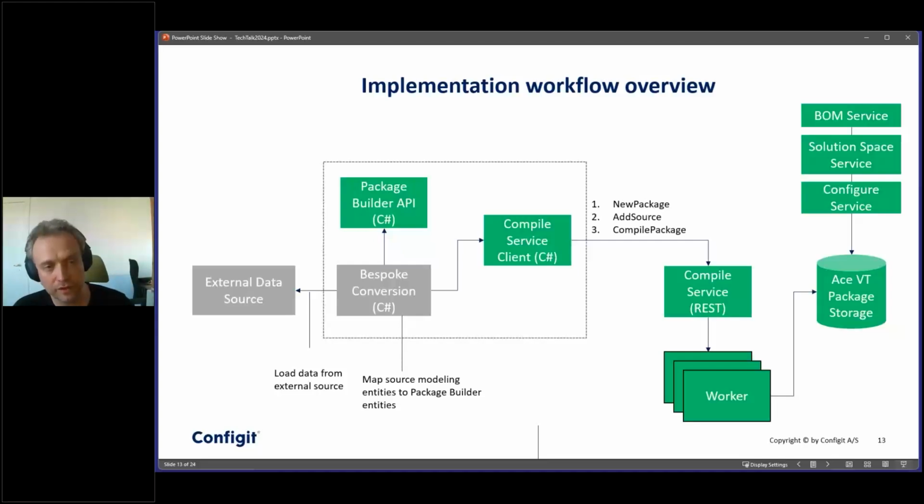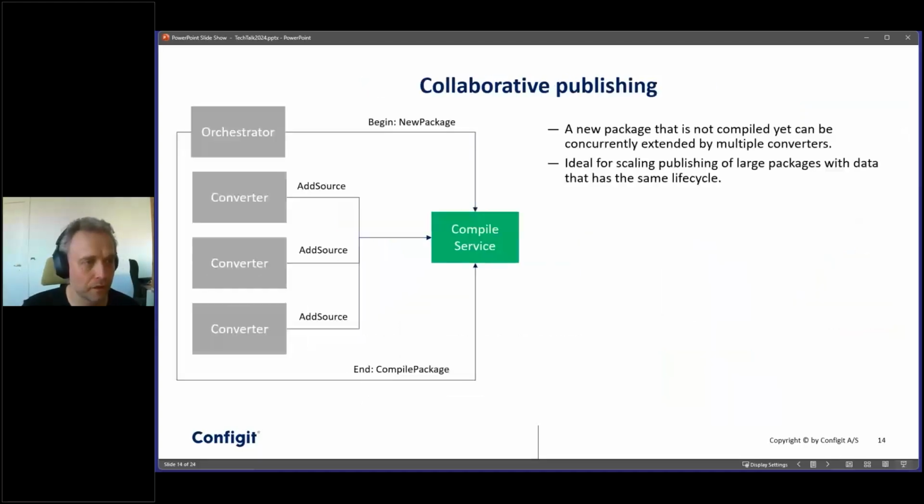The result of this is you get an Ace VT package in the storage, and through Ace, you can then access all the services that you would normally expect from something that was produced from an Ace model. So it's the same capabilities that we surface.